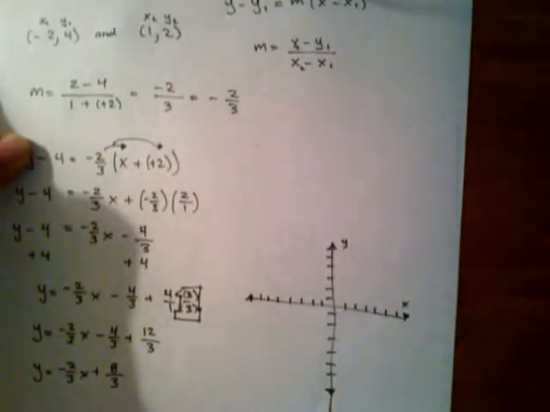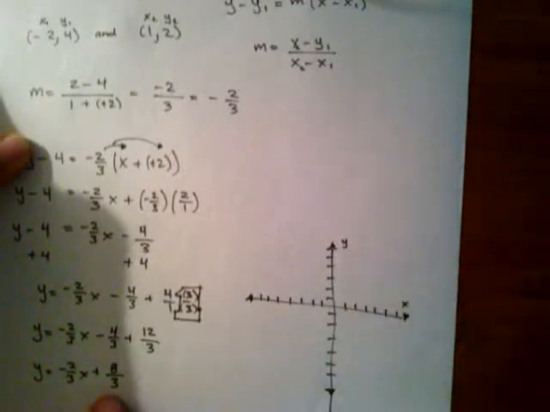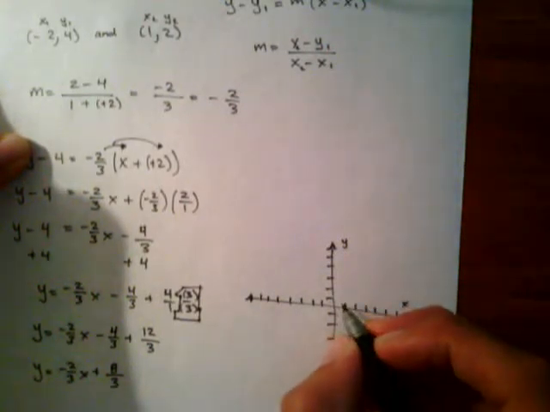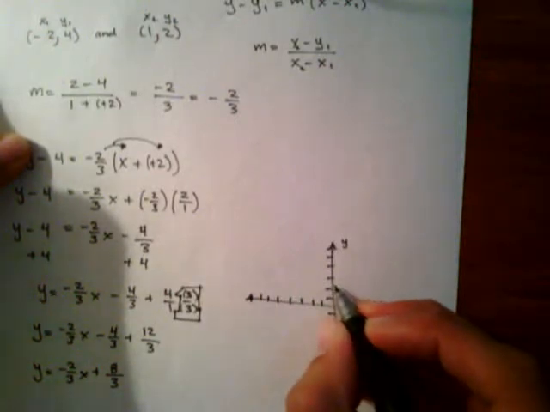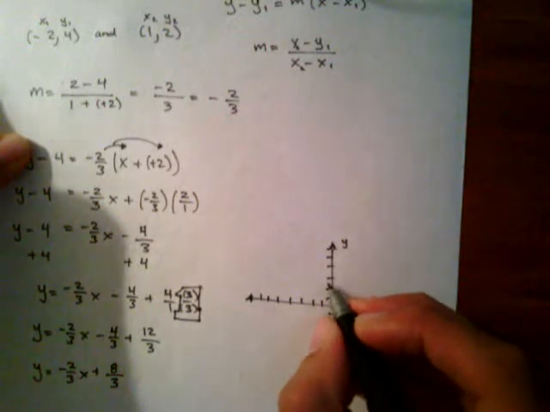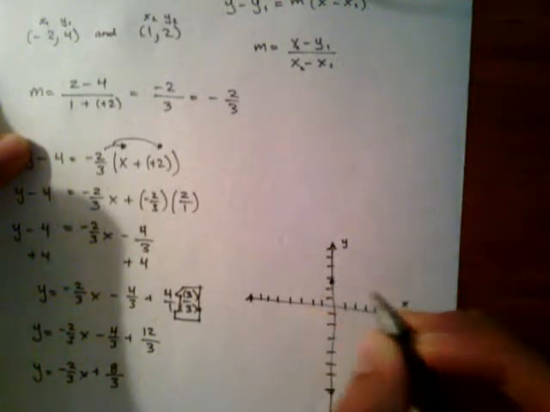And just as before, when we're given an equation in slope-intercept form, it's really easy to translate this onto a graph. All we have to do is plot the y-intercept and apply the slope to it. So the y-intercept is 8 over 3. That is roughly 2 2/3. So here's 2, 2/3 would be roughly around here. We'll approximate it over there.